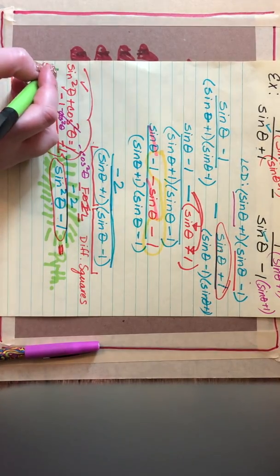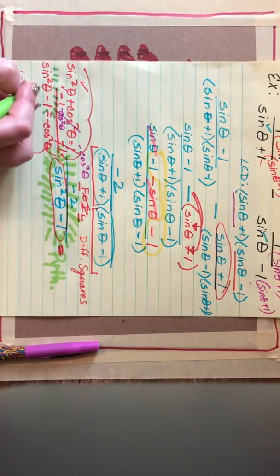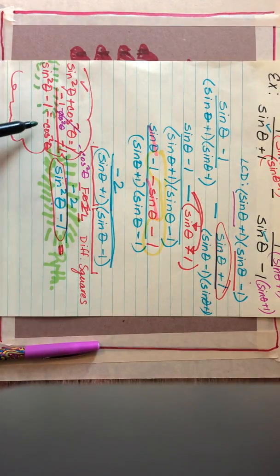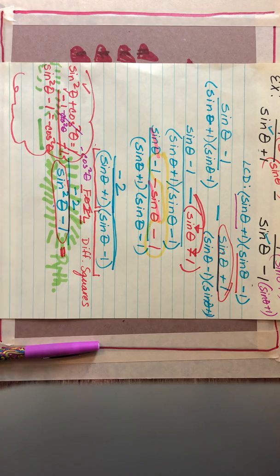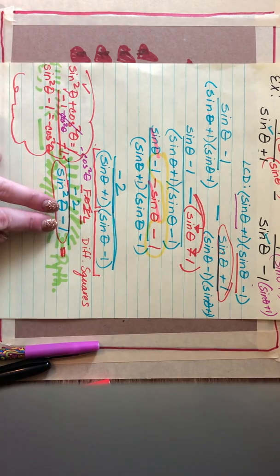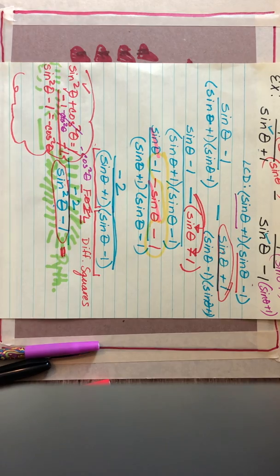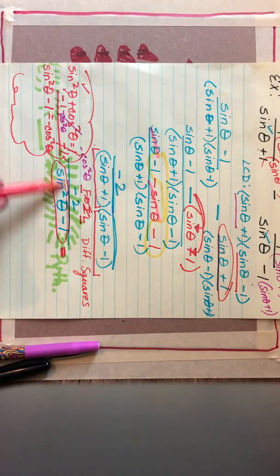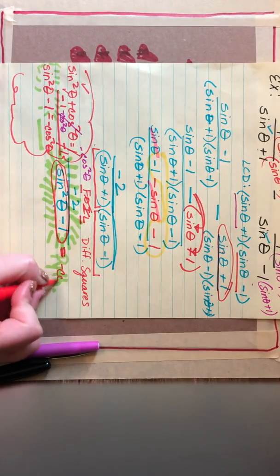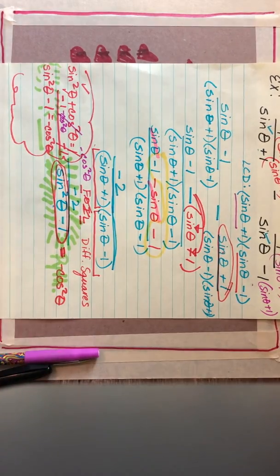Look, we just have sine squared theta minus 1, and it's equal to negative cosine squared theta. So this is where we're going to replace. We're going to take this big nasty bottom and replace it with negative cosine squared theta.